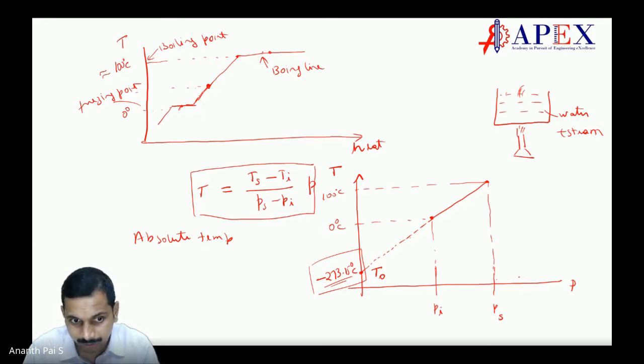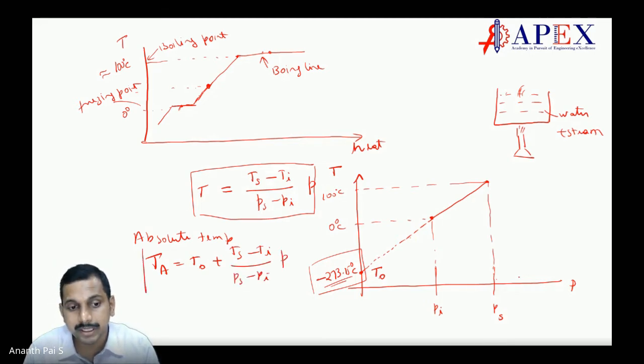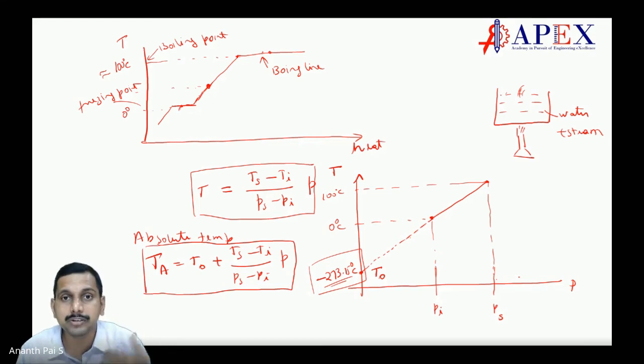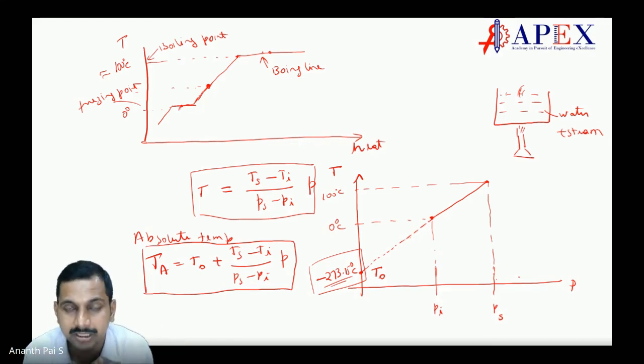Absolute temperature, T absolute, is equal to T naught plus Ts minus Ti divided by Ps minus Pi, times P. This is the greatness of absolute temperature, that it is irrespective of the medium used in the constant volume thermometer.